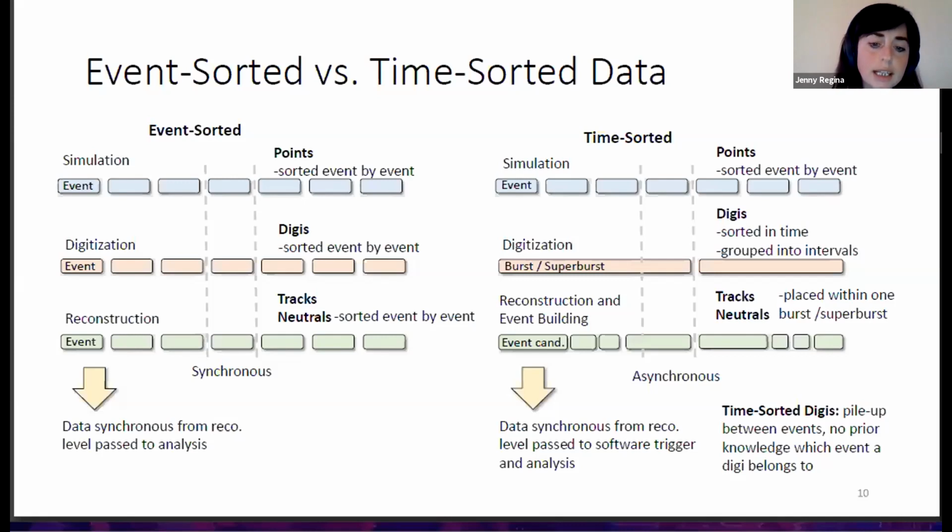The data from this stage will be sent on to the software trigger or to the analysis stage after the trigger. So they will also be asynchronous with the simulation stage, but they will be synchronous from the reconstruction stage.